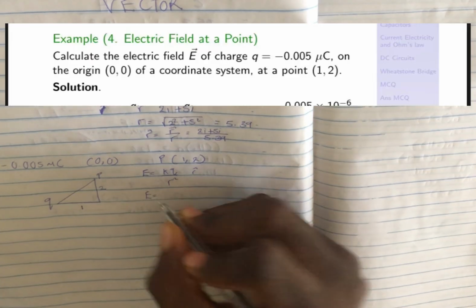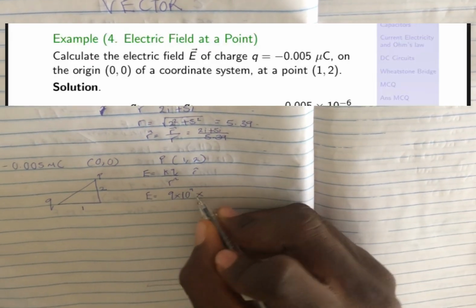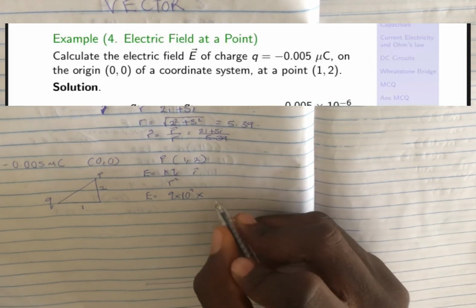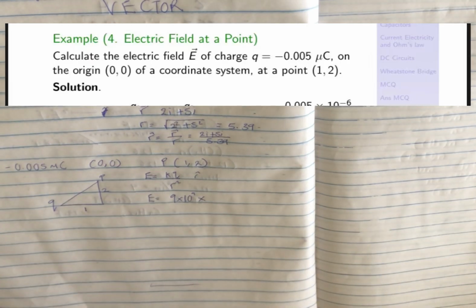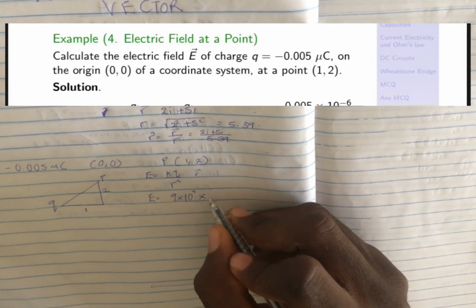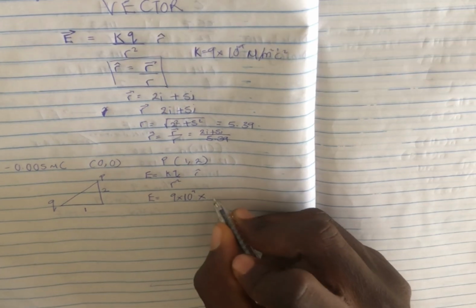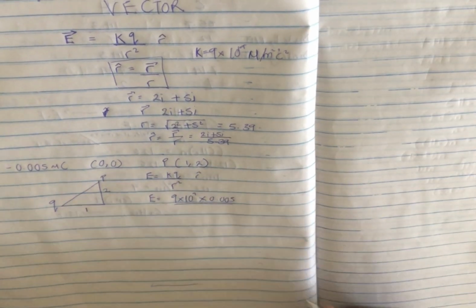Then E will be k, which is 9 times 10 raised to the power 9, times q. The magnitude for q is minus 0.005, but we are going to put the ordinary 0.005 because we are looking for just the magnitude. So that will be 0.005 over r squared.